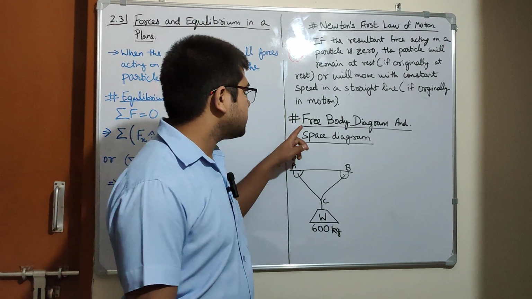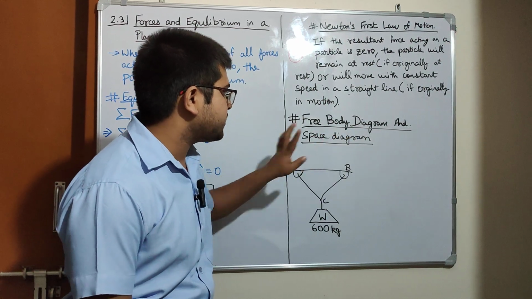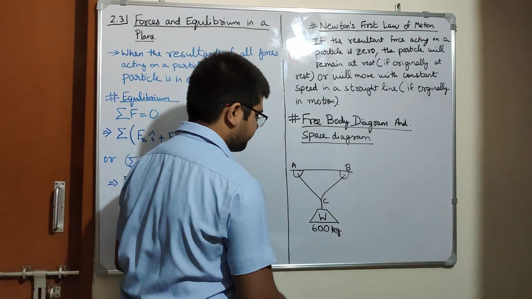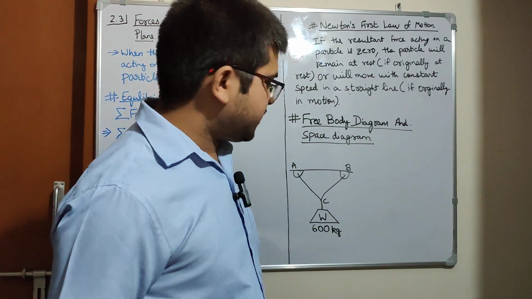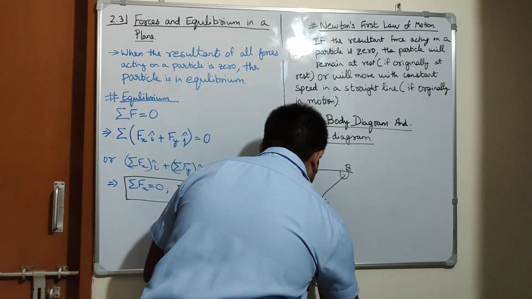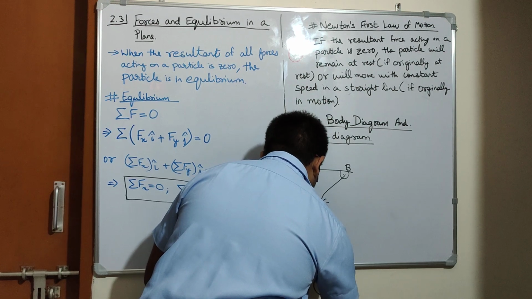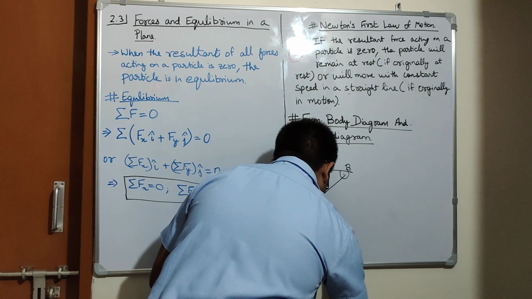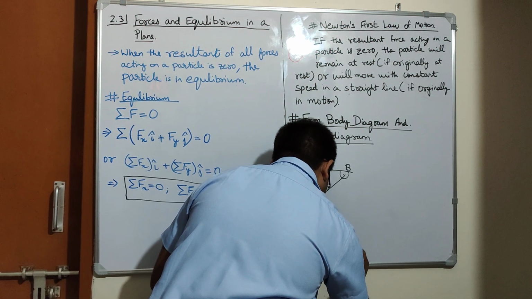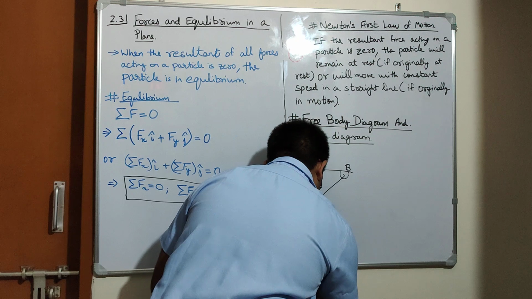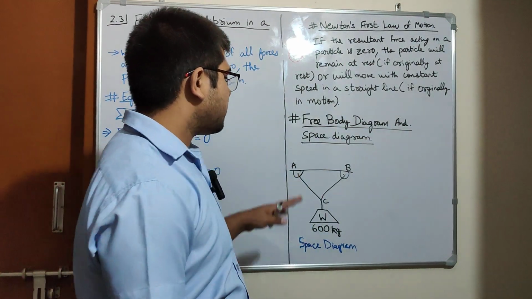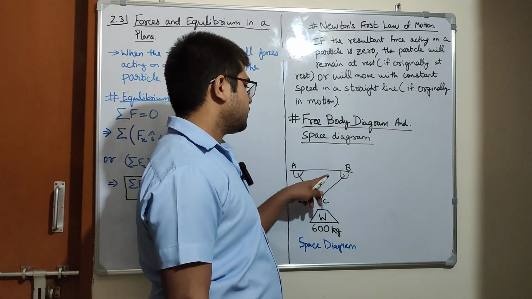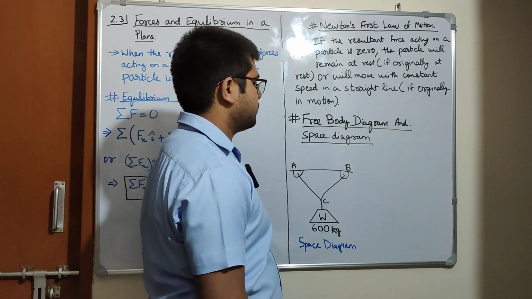Now we will study what is a free body diagram and a space diagram. So this is a space diagram. A space diagram is a diagram in which all the weights and the pulleys and the supports are shown.